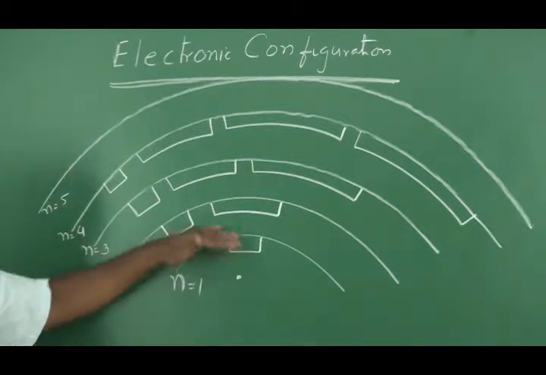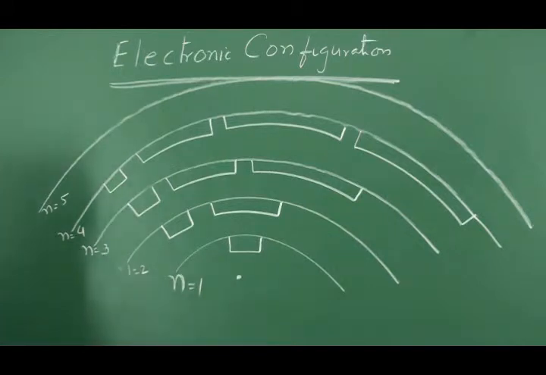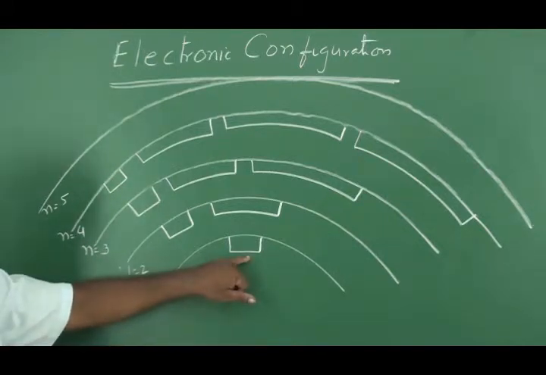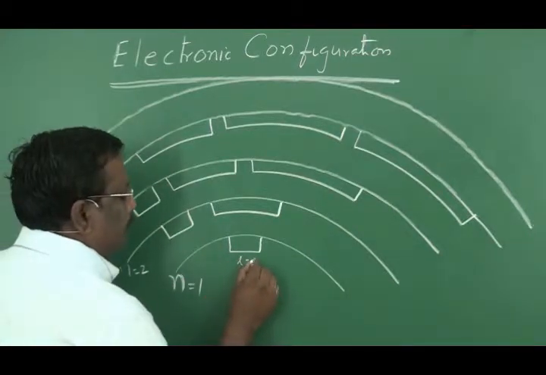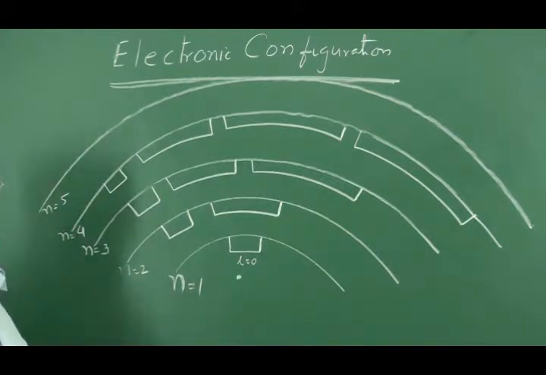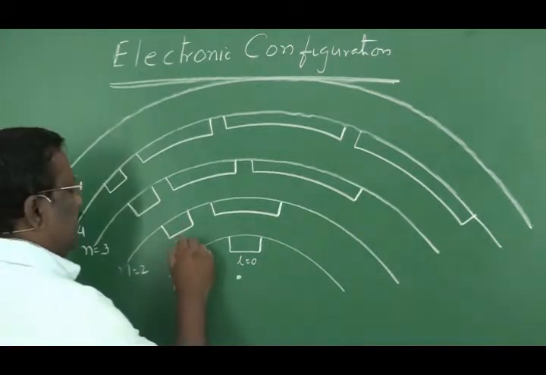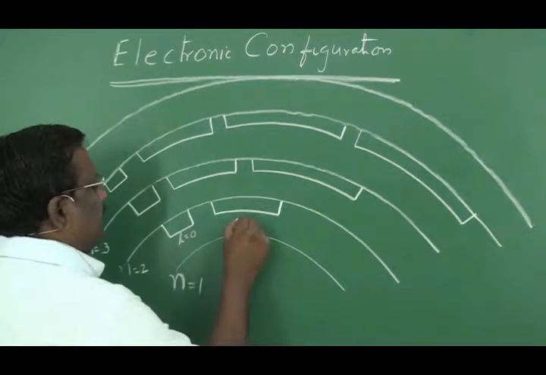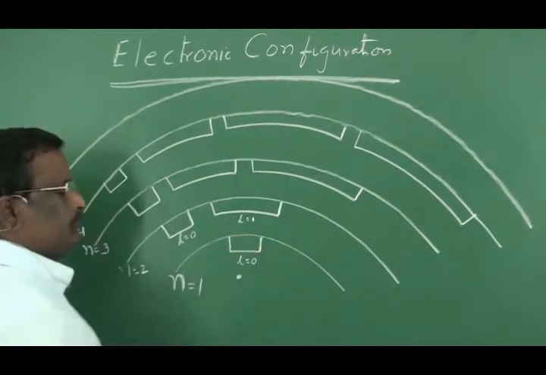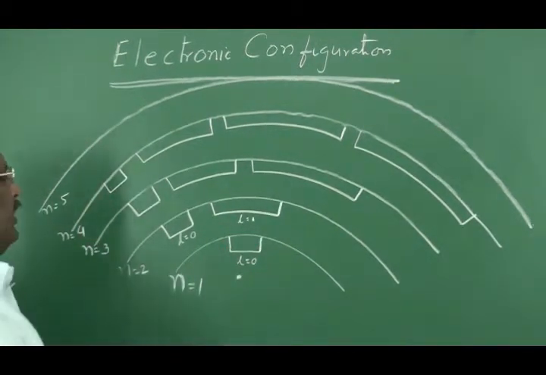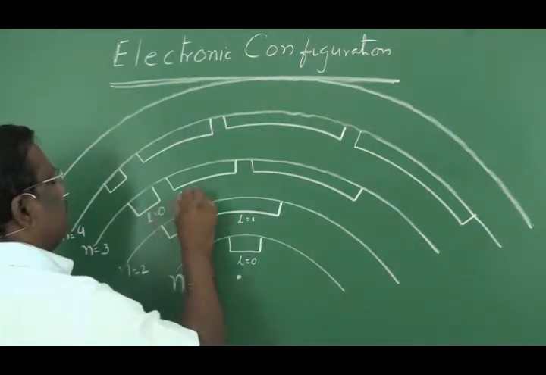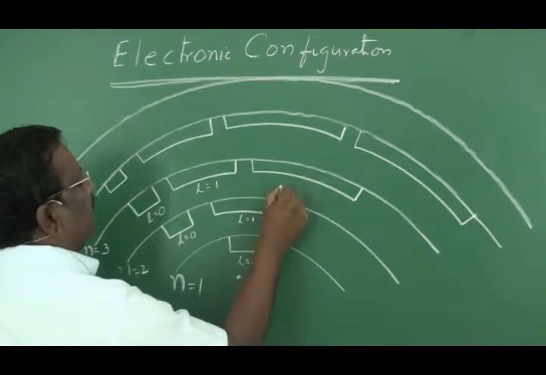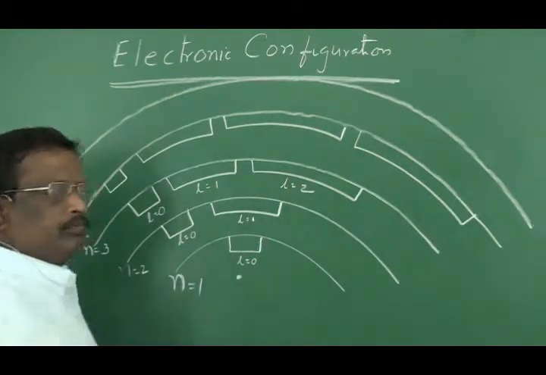The values of these sub-energy levels are denoted with small l. In the first main energy level, we have one sub-energy level. Its l value is 0. In the second, l is 0 and 1. In the third, we have 3 sub-energy levels: l is equal to 0, 1, 2.